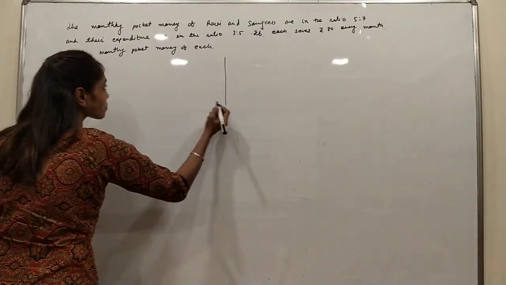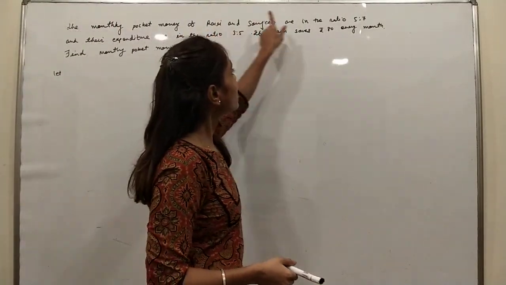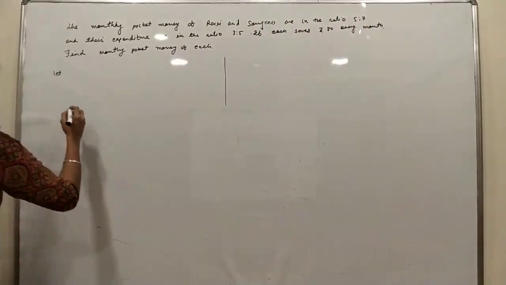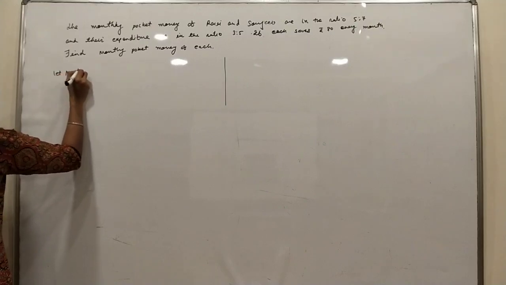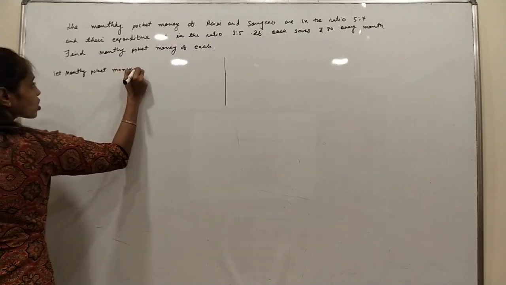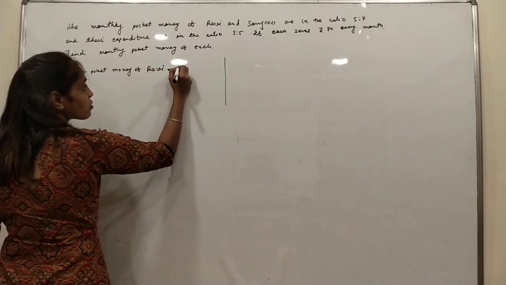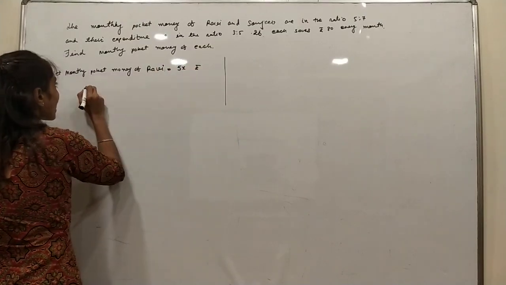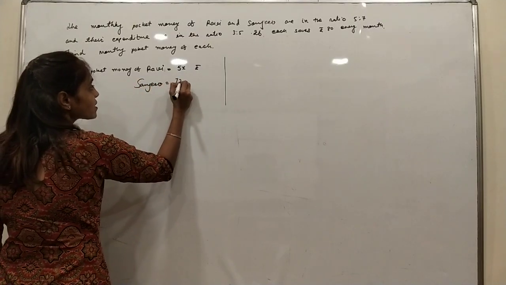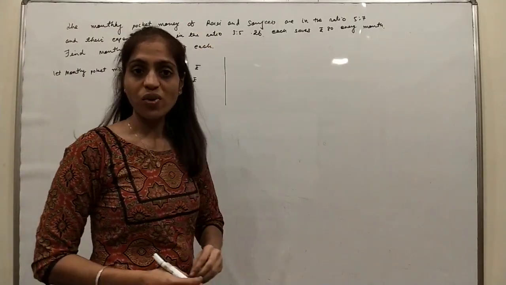So let the monthly pocket money of Ravi be 5x rupees and Sanjeev be 7x rupees. Okay, and their expenditure are in the ratio 3:5.